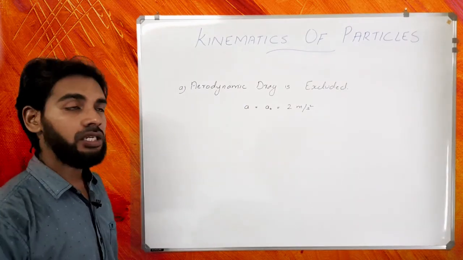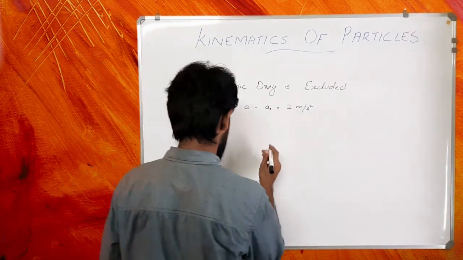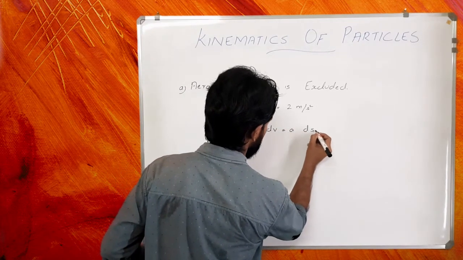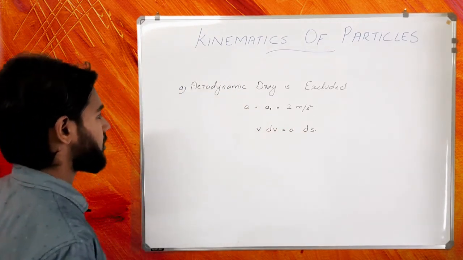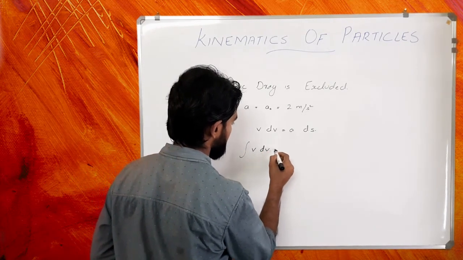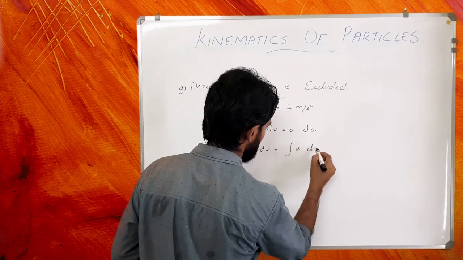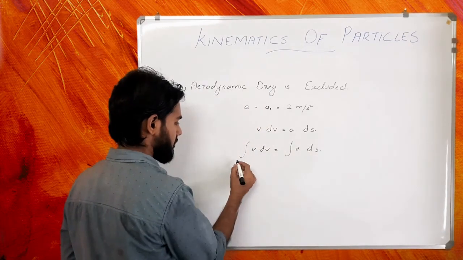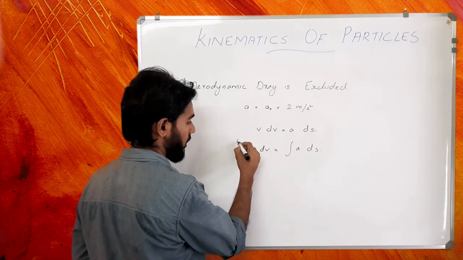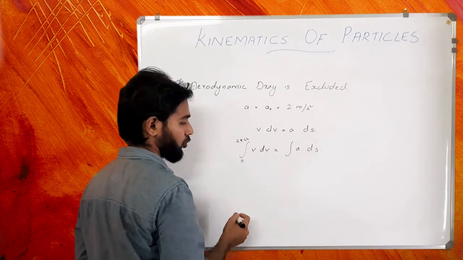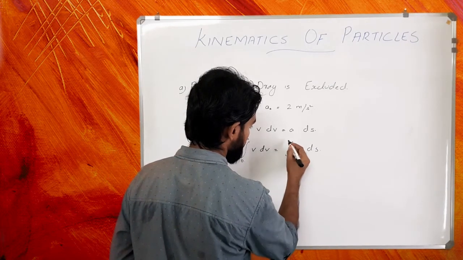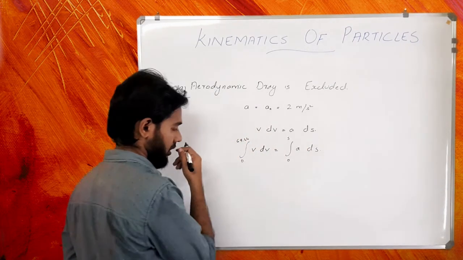Now if I use the corresponding basic equation, v dv equals a ds. Now I am integrating both sides from initial value 0 to the final value 69.44. Now the distance covered from initial value 0 to the final value s.